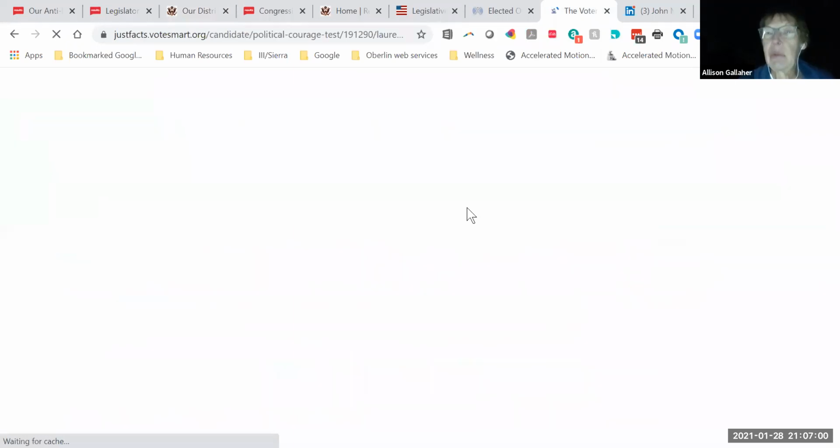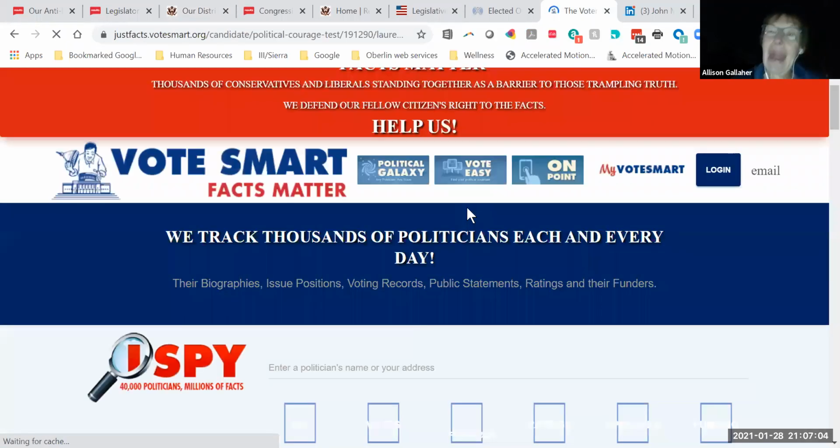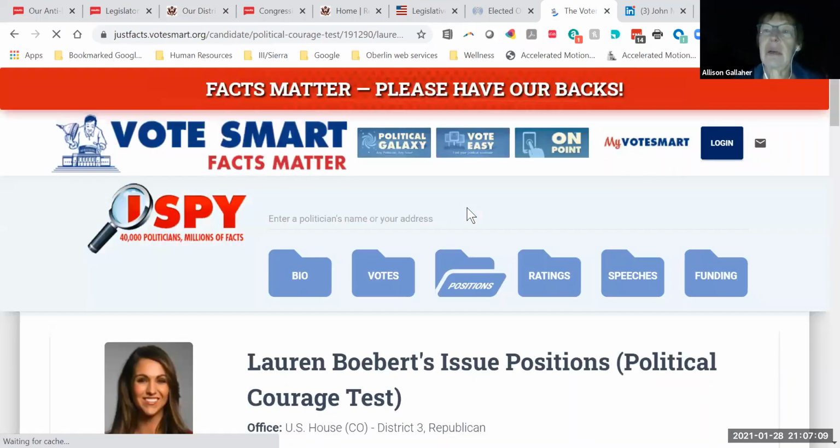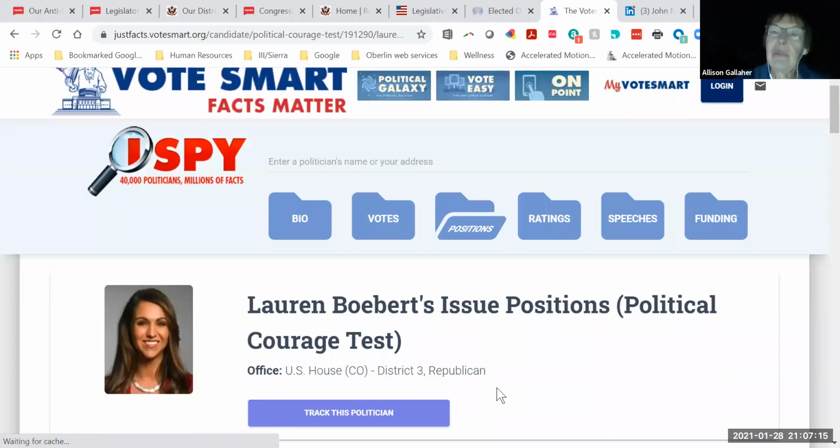It's a directory that will be on your handout, and they research candidates as well as elected officials. They started collecting information on her the minute she started running, so their information on her is a little more robust and complete than some of the other sites that only cover elected officials. If you can see this really faint enter a politician's name, you would just put in a name and do the search.